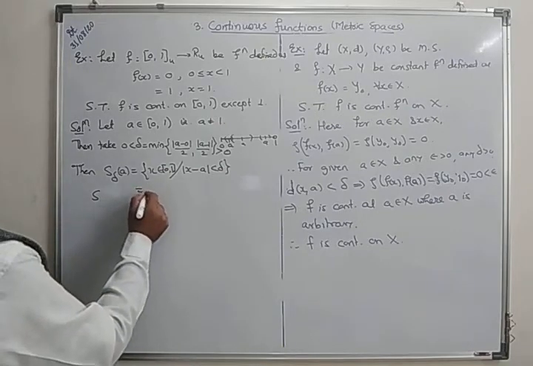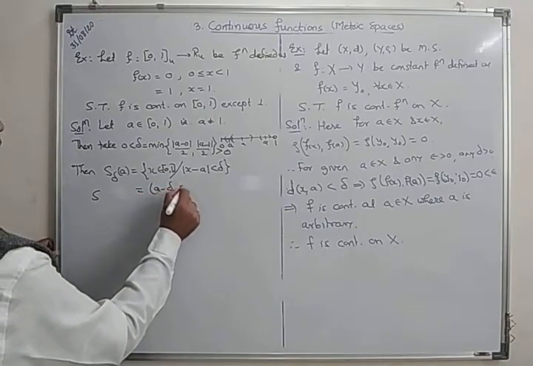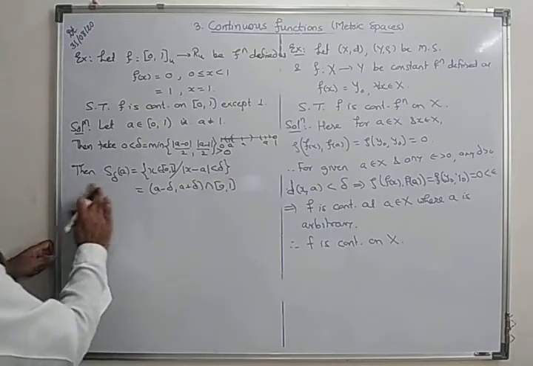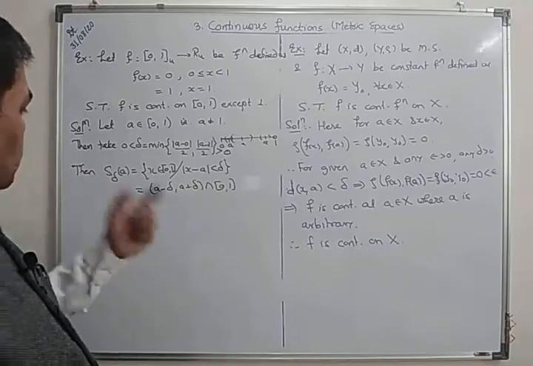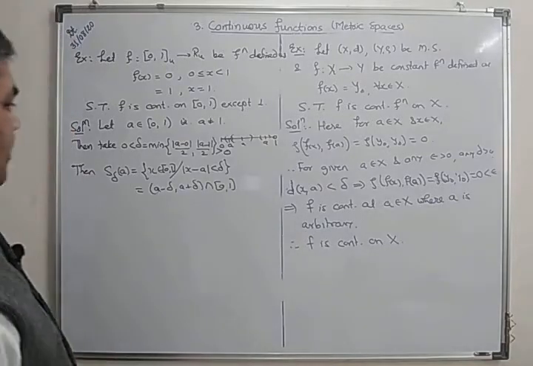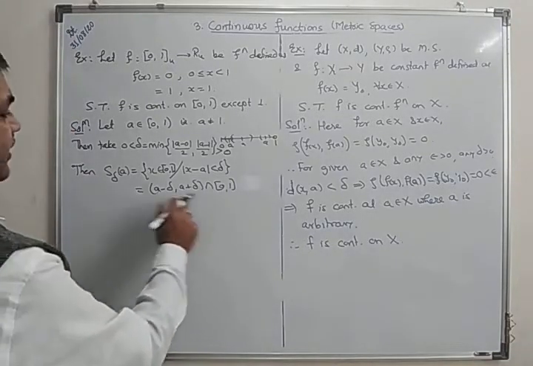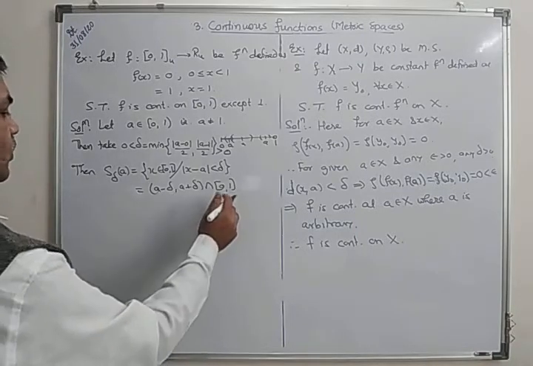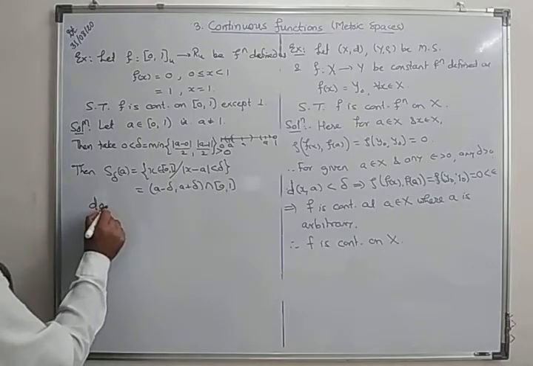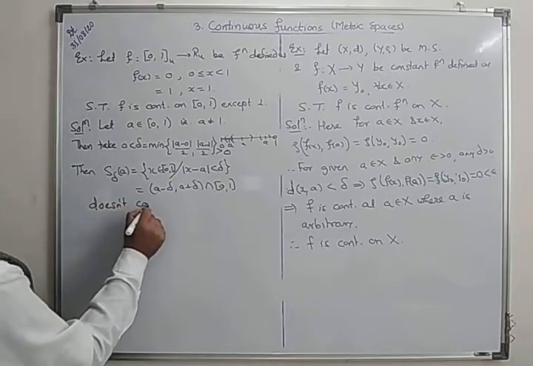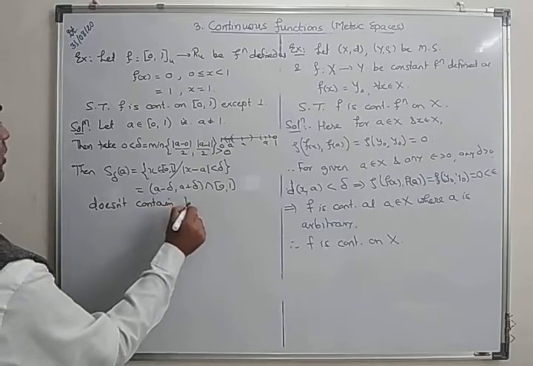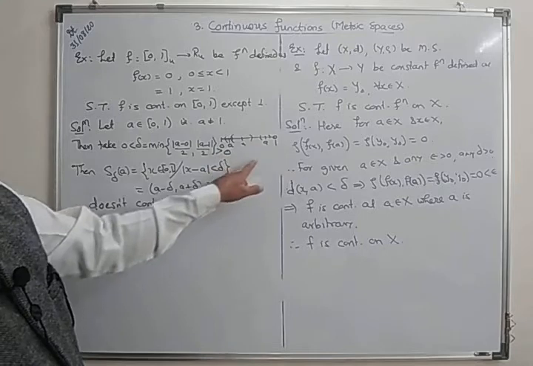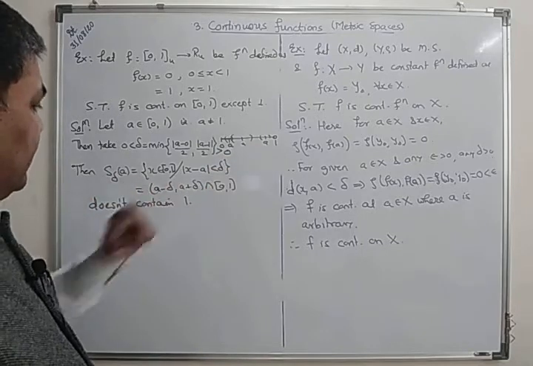This is precisely a minus delta to a plus delta intersection 0, 1, and it doesn't contain 1. Right. Geometrically you can observe what is your S delta A.